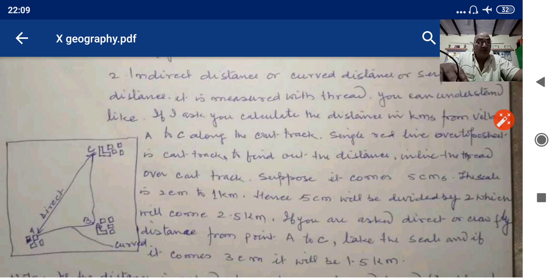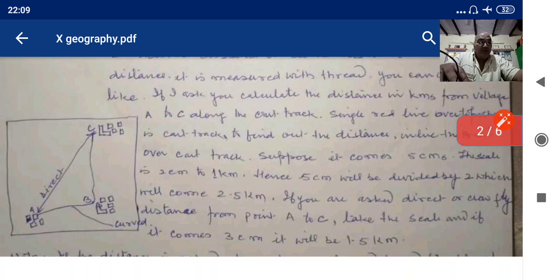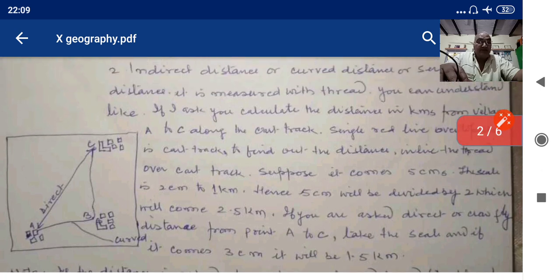Suppose it comes 5 centimeter from A to C, then the scale is 2 centimeter to 1 kilometer. This I have already taught you. Hence, 5 centimeter will be divided by 2, which will come 2.5 kilometer.